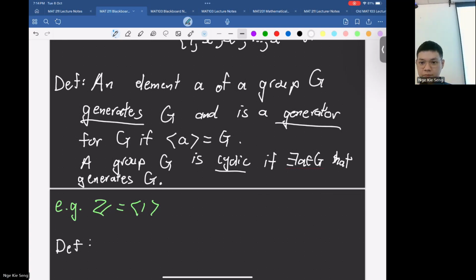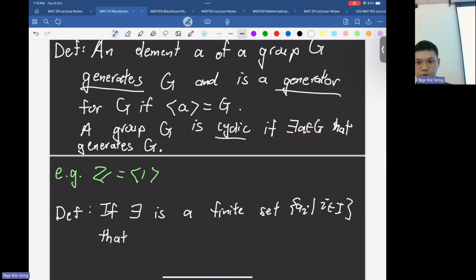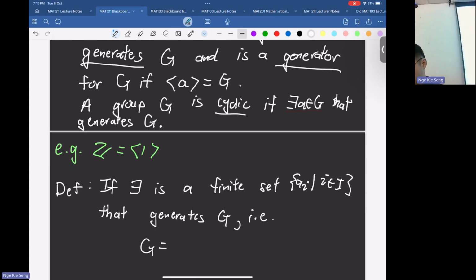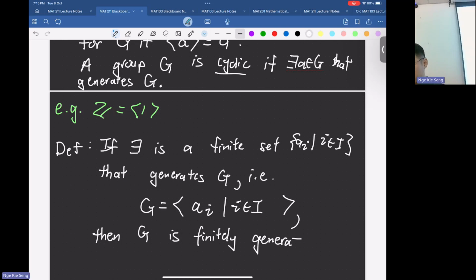So, definition: if there exists a finite set a_i that generates G, meaning G equals the subgroup generated by the a_i's, then we will say that G is finitely generated, because you just need finitely many elements to get everything inside the group. Does it make sense?